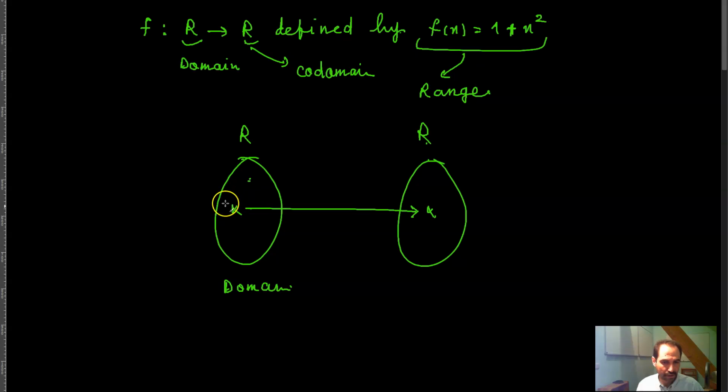This element is called the pre-image. This element is called the image. The pre-image under f, this is the image under f. So this function does this for you, meaning that it allows you to get from here all the way up to here.